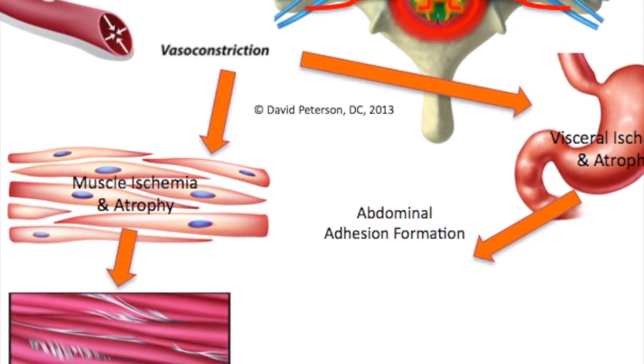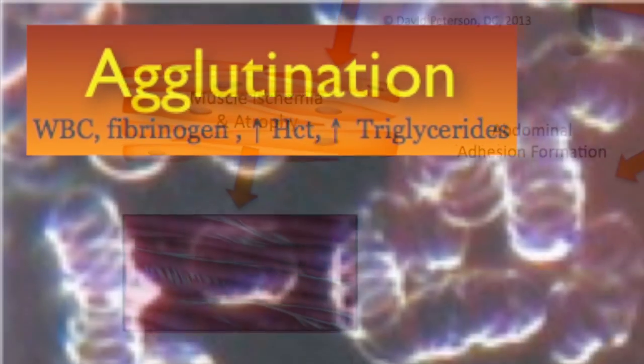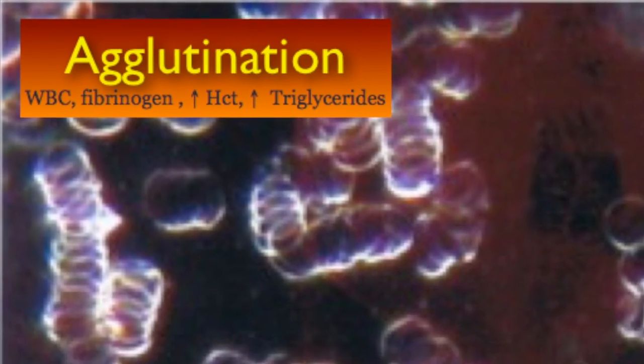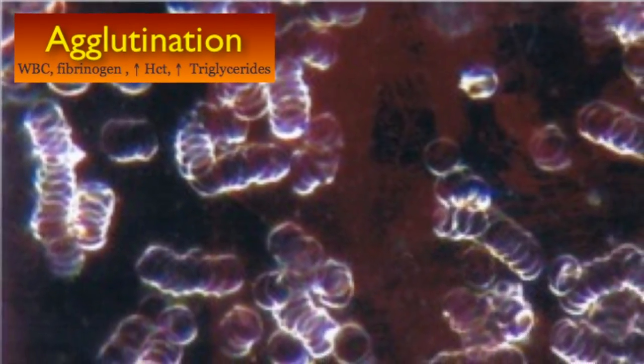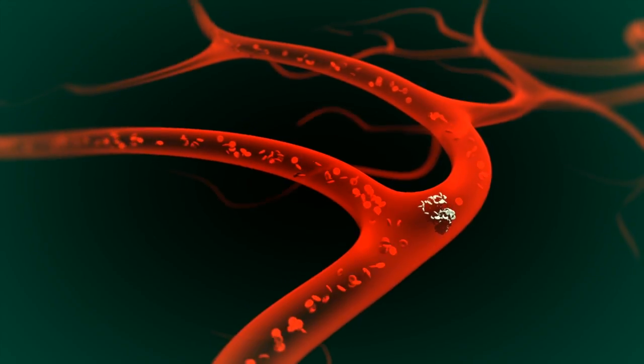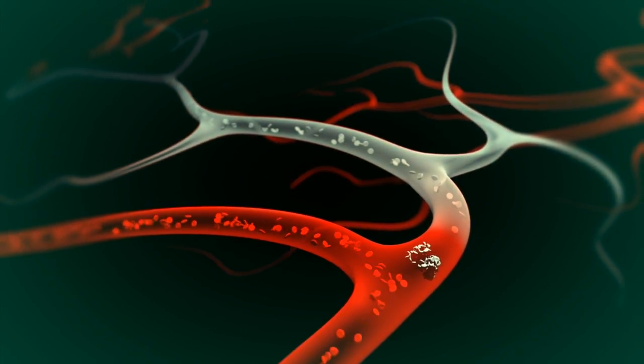When the red blood cells irreversibly clump together, it is known as agglutination. Agglutination in the blood occurs when red blood cells clog together in the blood vessel. It stops the circulation of blood to various organs of the body, resulting in their dysfunction.